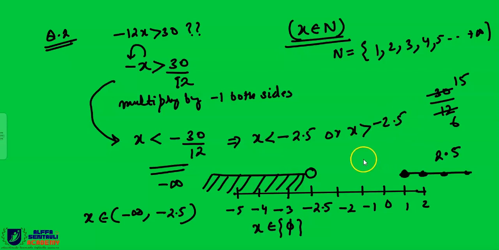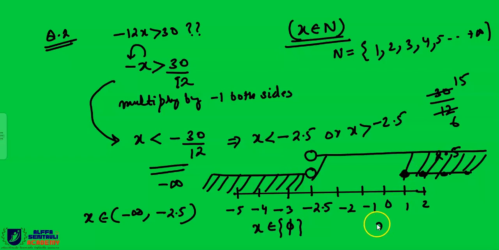Numbers greater than negative 2.5 would be like this. Then when you take the intersection of these two solutions, you will get all the solutions like 1, 2, 3, and your solution would have been all these positive numbers 1, 2, 3, 4, 5, 6. But since you are taking this one and it is not intersecting with the natural numbers, you are getting no solution.